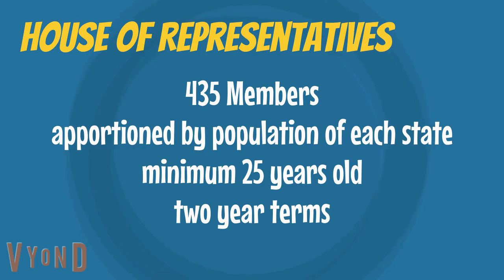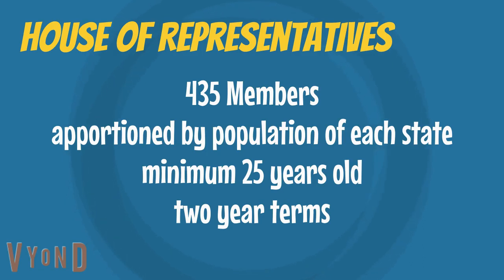In the United States at the current time, based on what the Constitution says, the maximum number of representatives we could have would be about 10,000, and the minimum would be some multiple of 50, and 435 is where we've been since 1911. The House of Representatives is apportioned by the population of each state.